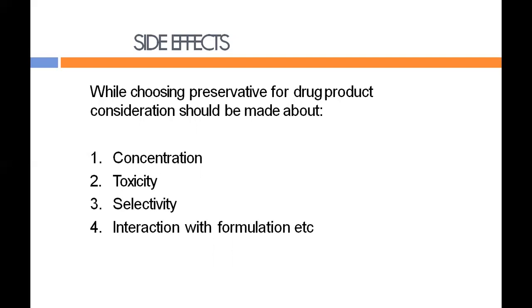Its concentration also needs to be optimized. It should not be added in a very large amount, because then it will lead to toxicity. It should not be added in a very low amount, because then it will not be effective for preservation. So consideration should also be made about its concentration, its toxicity, its selectivity against specific organisms, and its interaction with other formulation ingredients, etc.